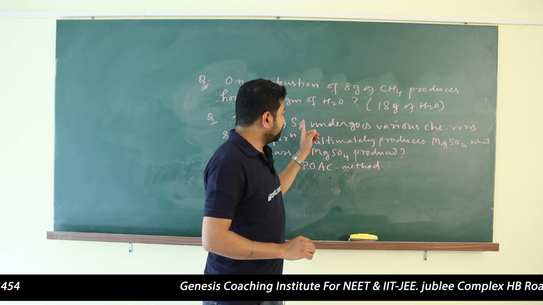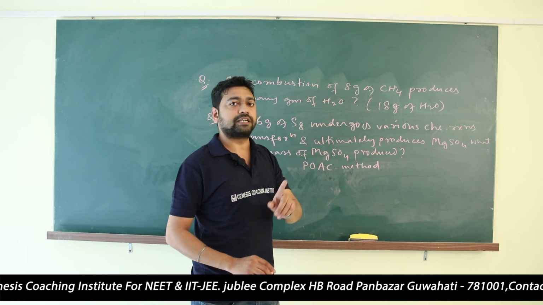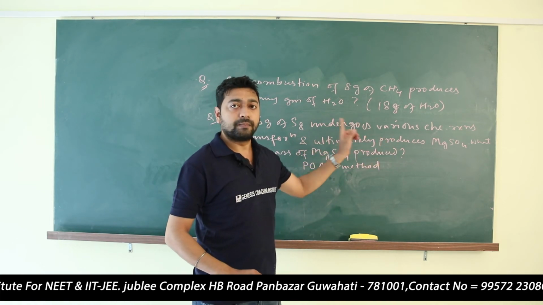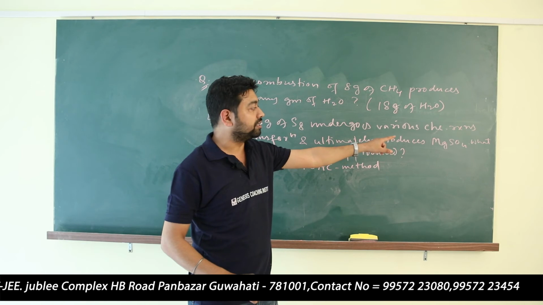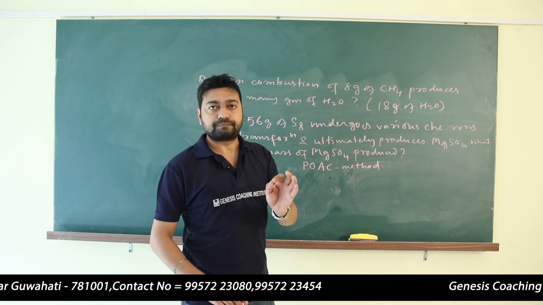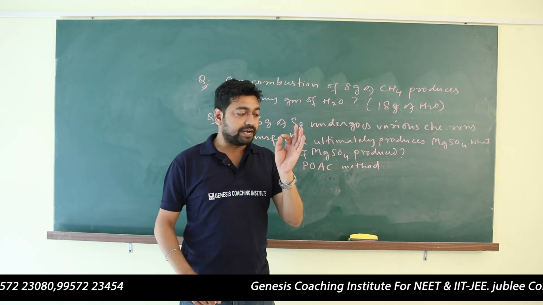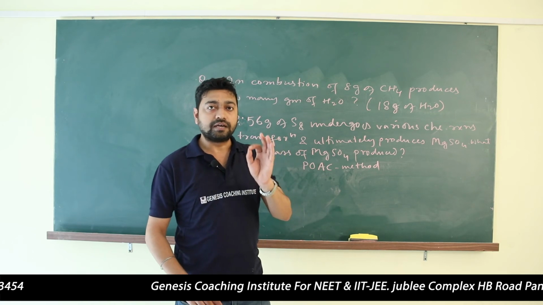First, reactant and products must be given in the equation or in the question, and there must be 1 common atom. I repeat, there must be one common atom, and reactant and product must be given.